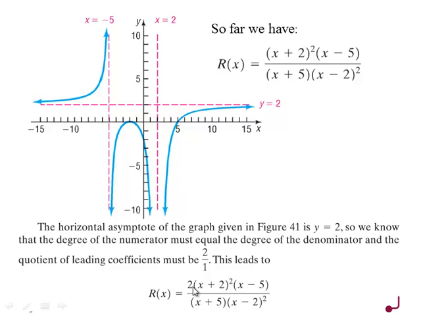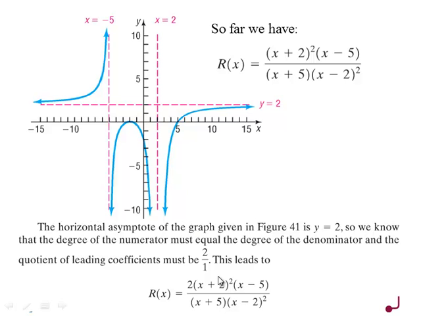We've got 2 times 2 squared is 8 times -5, which is -40, over 5 times 4, which is 20. Well, hold on here, the denominator is going to be positive 20. So you have -40 over positive 20, which is -2. So we don't need to do any more adjustments.